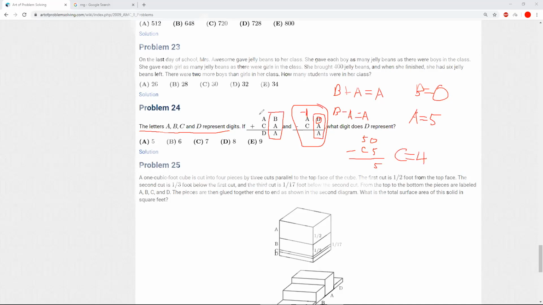And then now we can just plug it in here. AB is 50, CA is 45. So the sum is going to be 95, and the digit D is going to represent 9. Yep, if you just notice the small details, it's not that hard. I'm pretty sure you guys can solve this. It's not that bad for a 24.